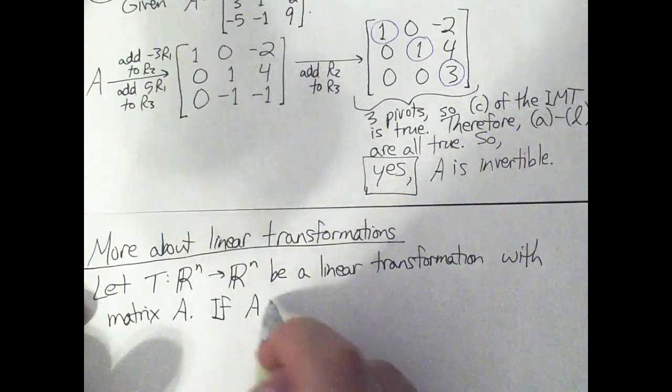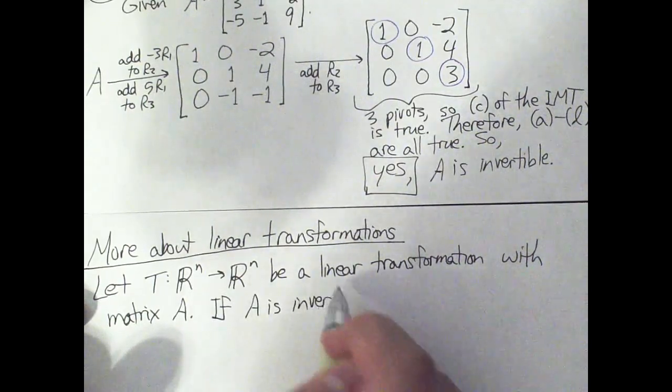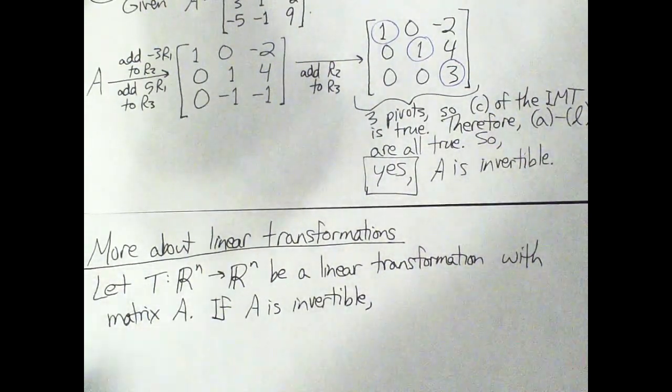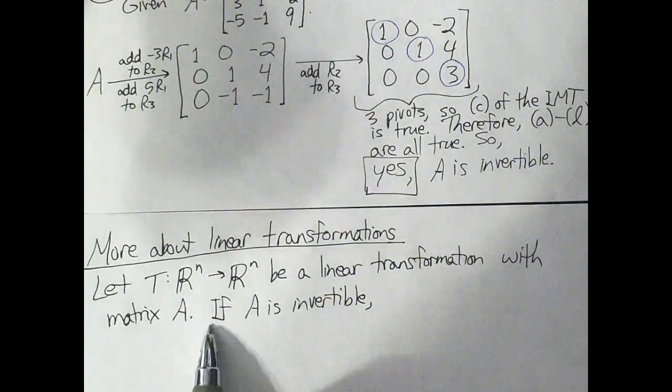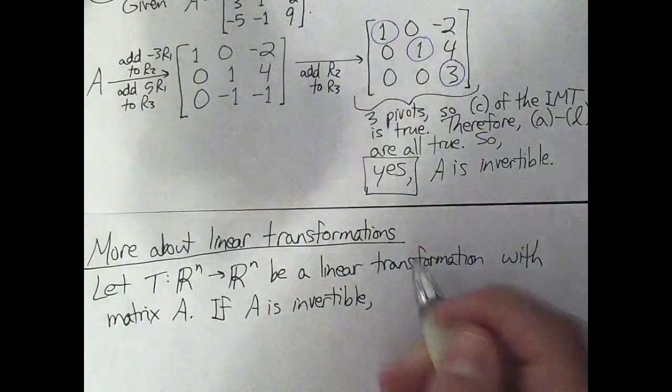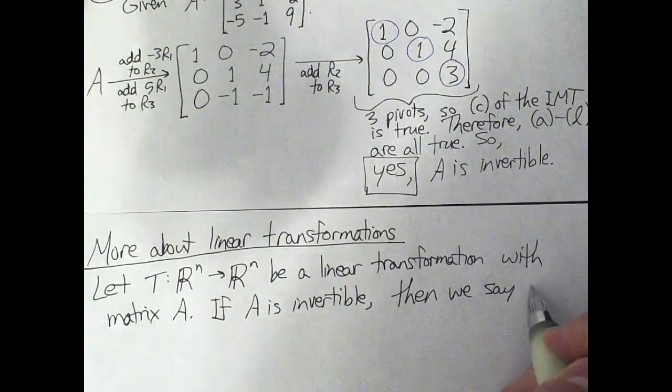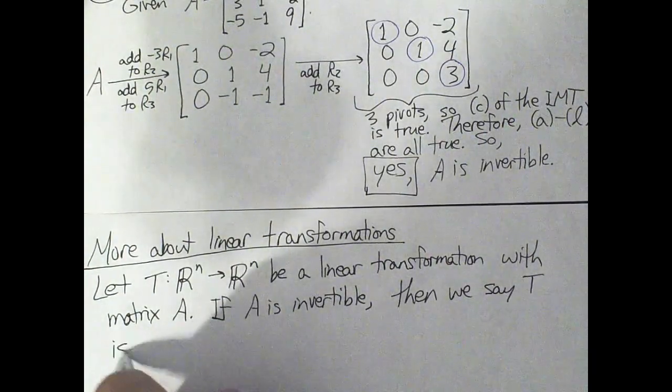If A is invertible, that's still an if, you know? It's not a guarantee. Just because a transformation goes from Rn to Rn, it might be invertible or it might not. But this is going to be something new for us. If A is invertible, then we say T is invertible.